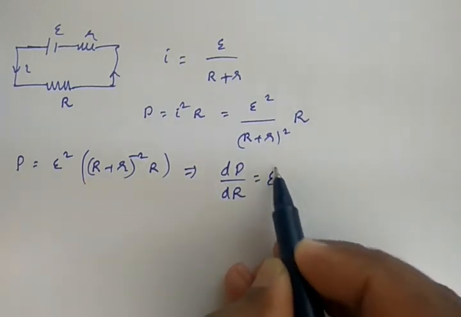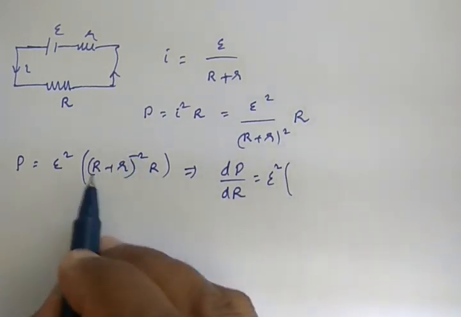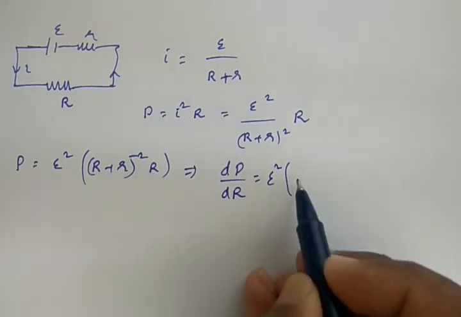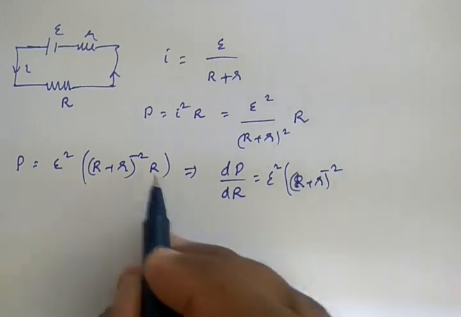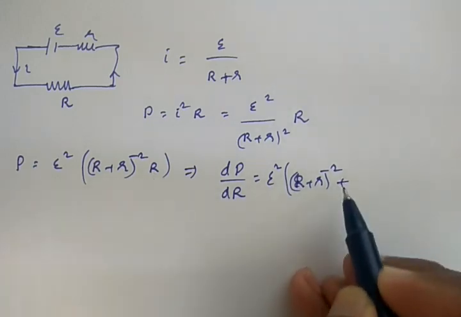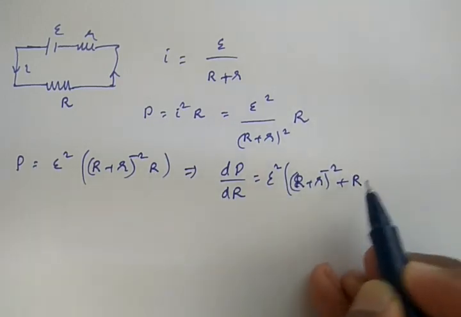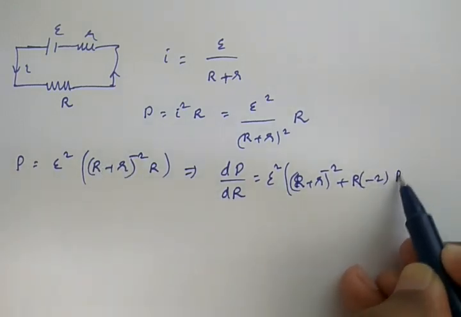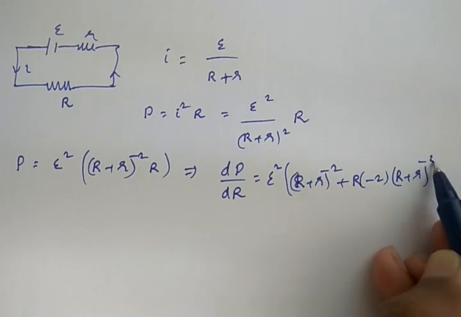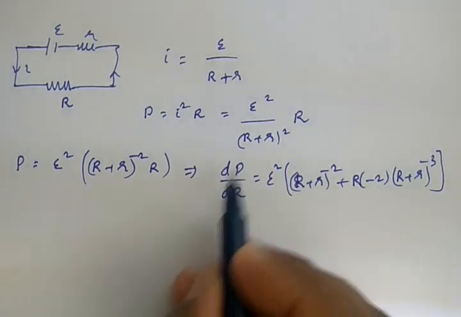So E square is common. First let us keep this constant and differentiate that: (R plus r) to the power minus 2, when differentiated you get 1. Next, fix that one as constant and differentiate this one, that is minus 2R (R plus r) to the power minus 3. So this is 0.